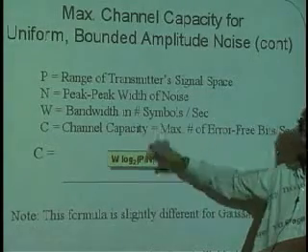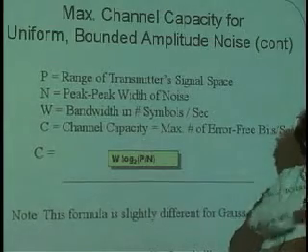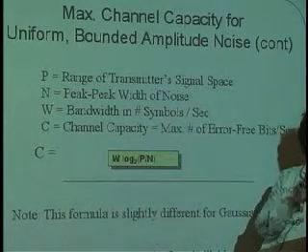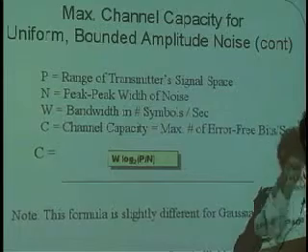Now, it turns out, of course, that if I'm sending bits down a channel, I may not just send 1. I typically send 1, and then I send another 1, and then I send another 1.